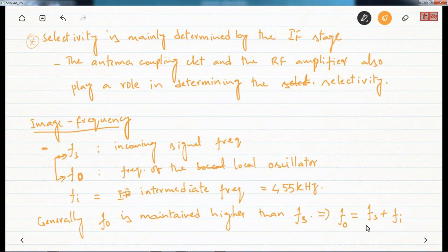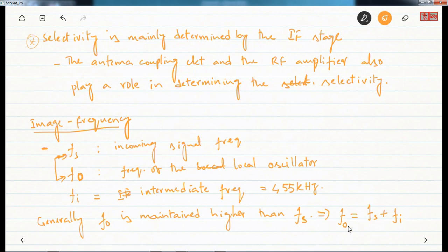So say you tune your receiver to 700 kilohertz incoming signal, say you want to receive a radio station at 700 kilohertz, then your local oscillator will be tuned to 700 plus 455 kilohertz, which is 1155 kilohertz.